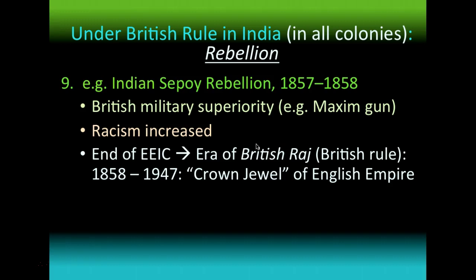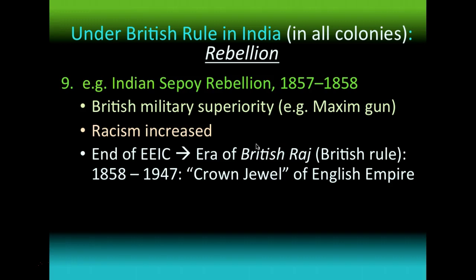And this ended the EEIC, the private joint stock company, the English East India Company, which was deposed in a sense, and instead the British royalty formally took over, and it became what is known as the era of the British Raj, the British princes, basically, the British rule.